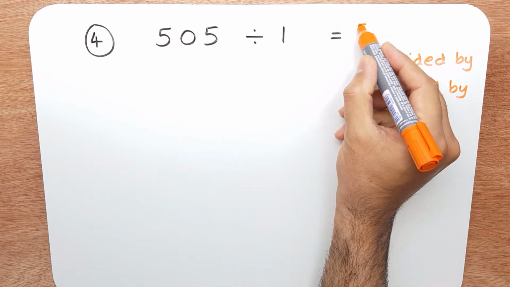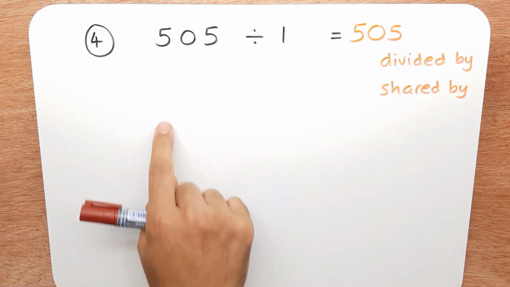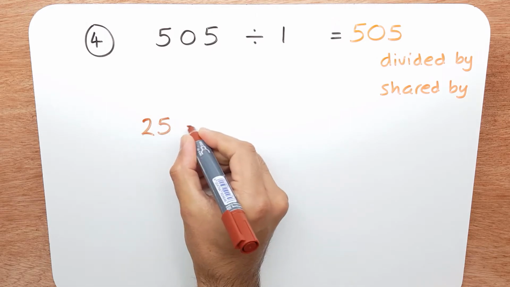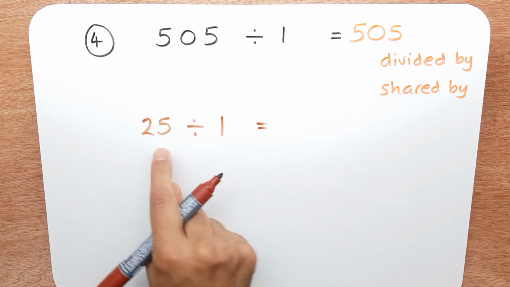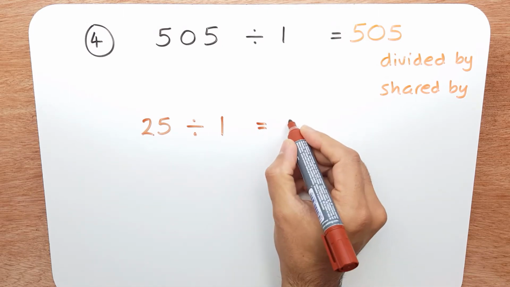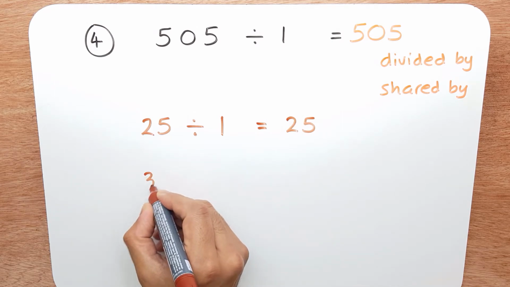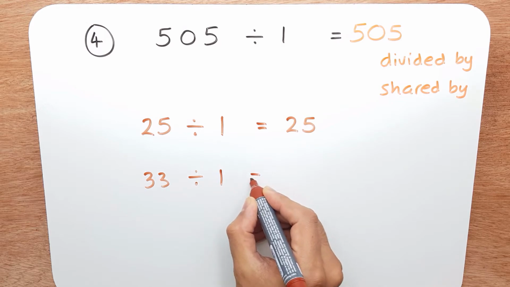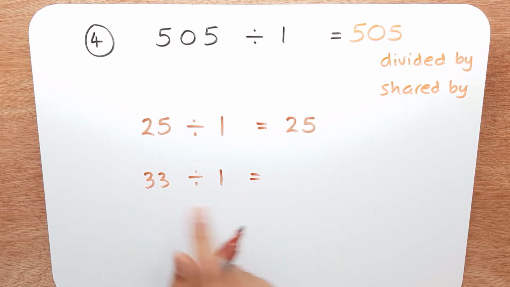So the answer here is 505. So let me give you another example. So if I said 25 divided by 1, the answer would be 25. And if I said 33 divided by 1, the answer would be this number here, 33.